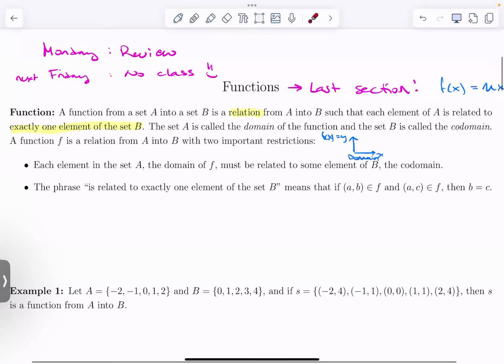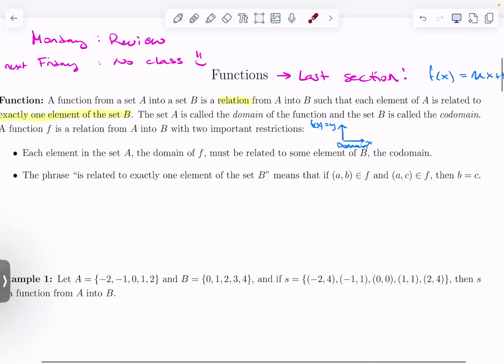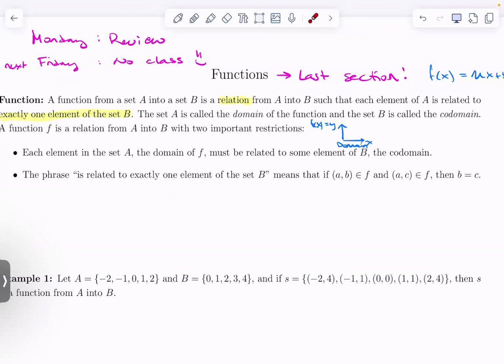Because technically, the set B is called the codomain. I'm not going to write either on the graph here because we're kind of working up to it. But the things we map from are the domain, and the things we map to are the codomain, okay? As opposed to the range. We're used to saying the domain and the range. Spoiler alert: the range is a subset of the codomain that is actually mapped to, right? But we'll deal with this first.